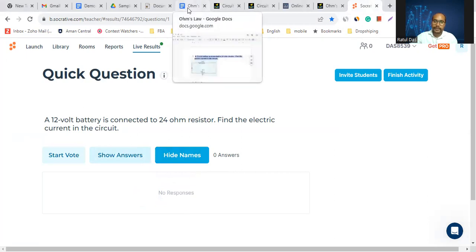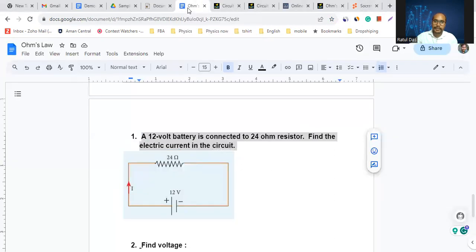One of you gave the correct answer. I'm explaining again. Our formula is V equal to IR. Here, V equal to 12 volt. We need to determine the current, and R is 24.